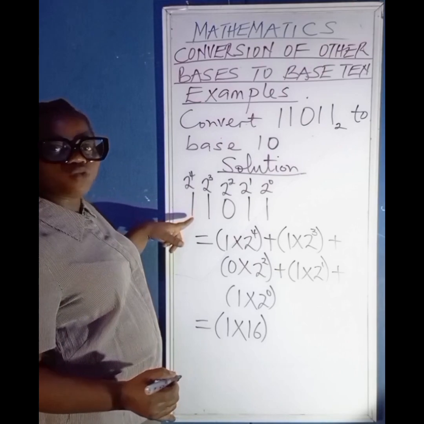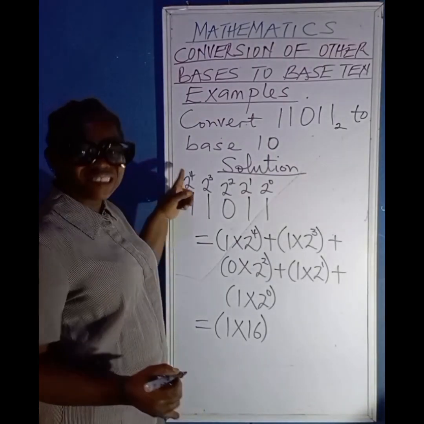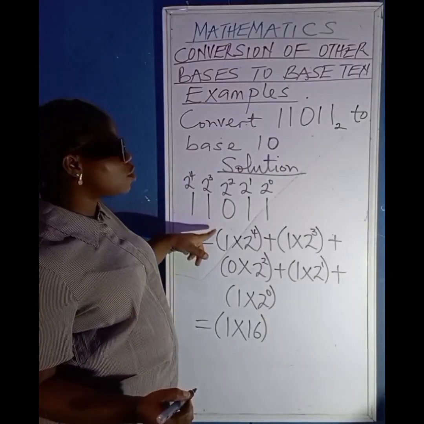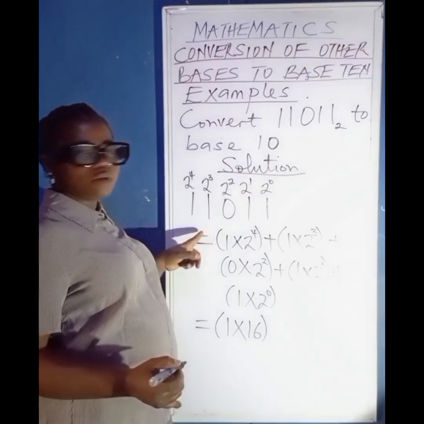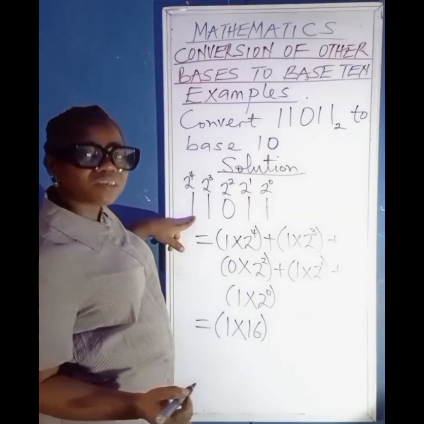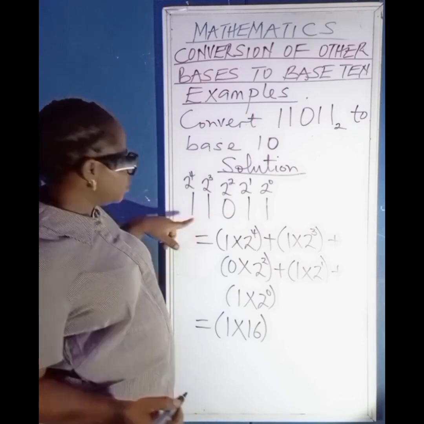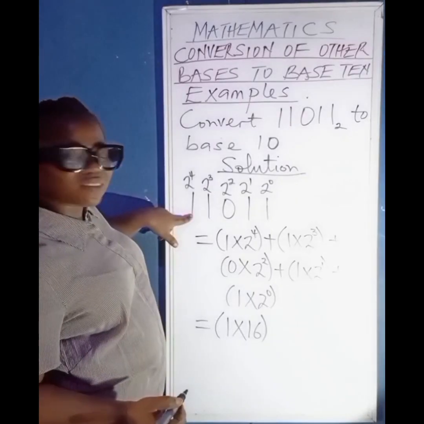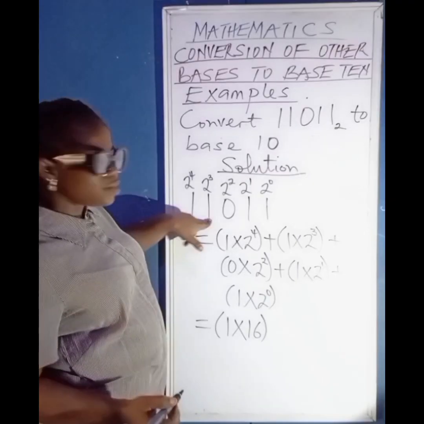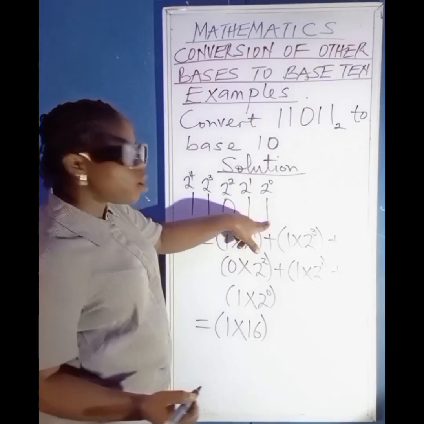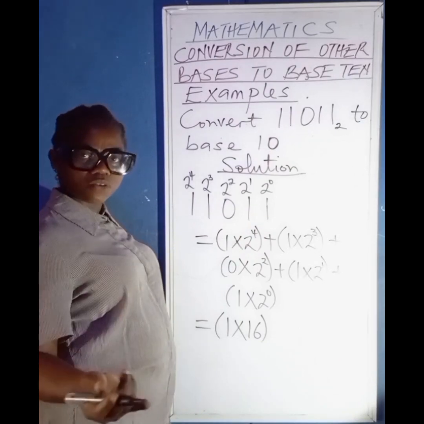The value of this 1 is 16. And that is why you cannot call this number 11,000, because this one is not 10,000. This one is not 1,000. This is 1 sixteen, 1 eight, 0 fours, 1 two, and 1 unit, or 1 one.